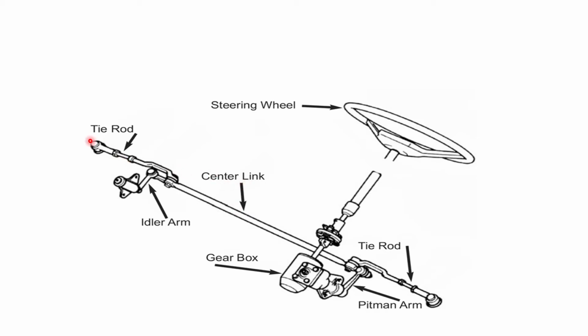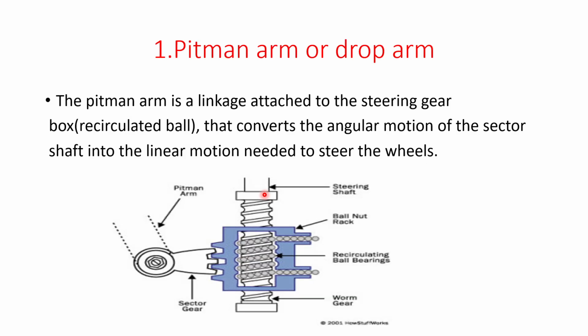You already saw that the steering knuckle will be present at the end of the wheel, at the end of this linkage. After the tie rod, there will be another part, the steering arm. After that, you can see the steering knuckle. The steering knuckle and pitman arm will be connected with the help of the center link or drag link. That is the function of the drag link.